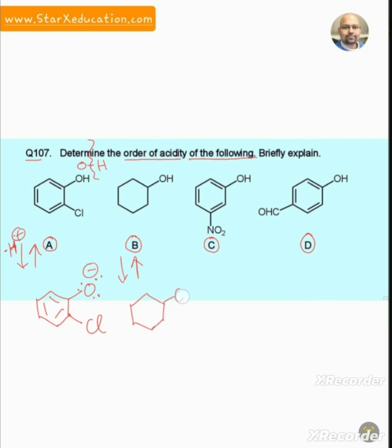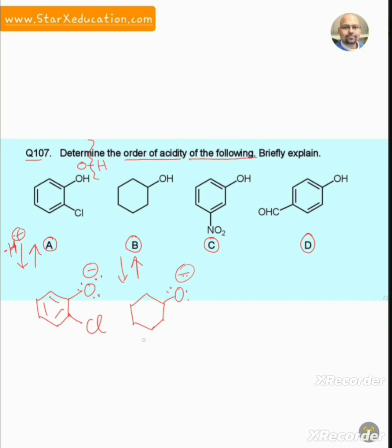The conjugate base of B would be cyclohexanol oxide, and it helps us to draw the lone pairs of electrons because we can show the movement of electrons by resonance. So this conjugate base in case of B has no double bonds, and there is no functional group that can stabilize the negative charge.